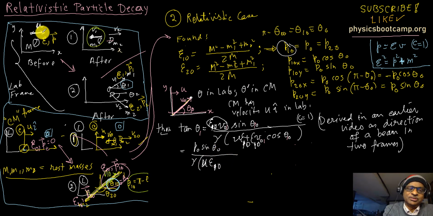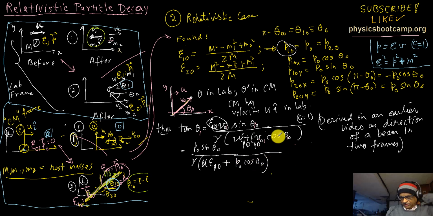It was moving with U, and we have a plus P0 cosine theta 0. So you can see, I can tell by using this which direction the first particle will come in the lab.